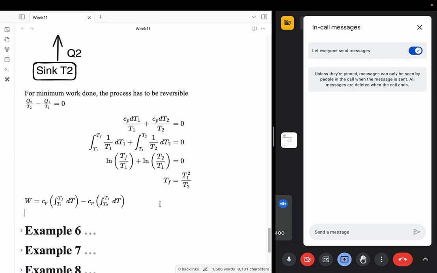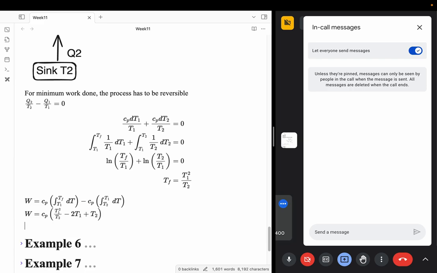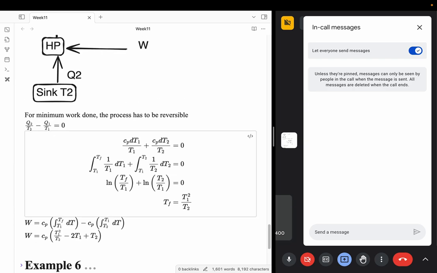It's just a matter of substitution. Tf is T1 square by T2. Oh, I think these are not getting cancelled. This is minus T1 and this is minus T1, so minus 2T1, and then you have minus of minus, plus T2. So this is just more of math, nothing else other than that.